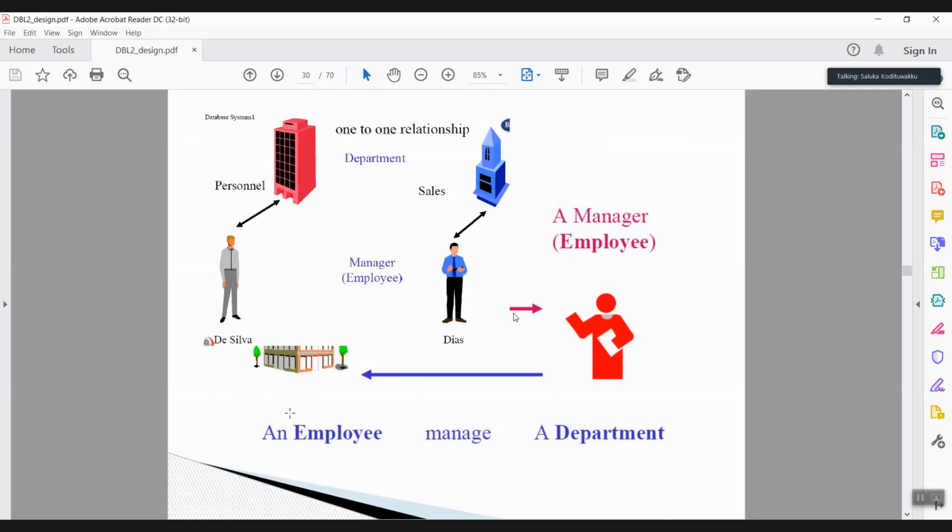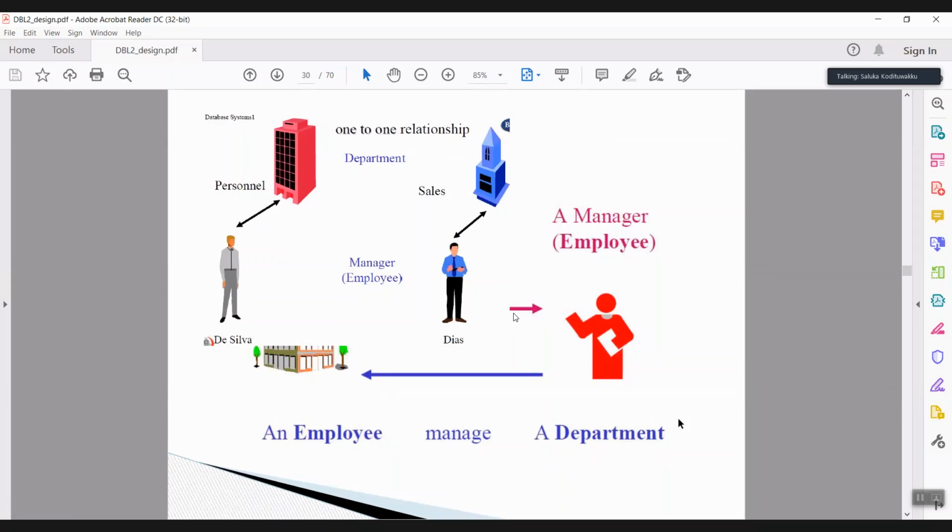This means one particular employee is responsible for managing a department. Similarly, for any department, there is a particular employee managing it. Then we say that it is a one-to-one relationship.